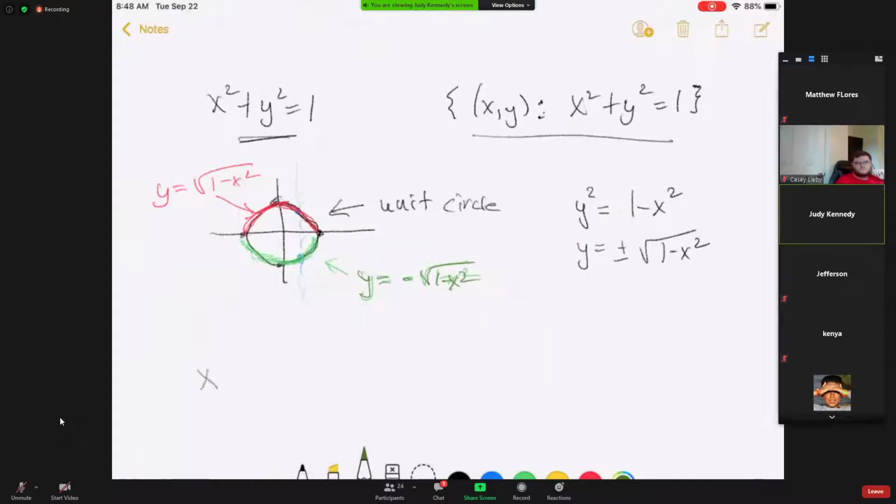So we've got this equation. It actually gives me 2 functions, namely these 2.